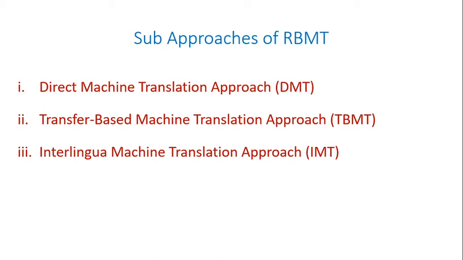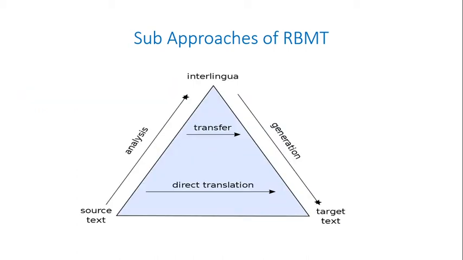So we are going to talk about these three with the help of this. You can see from the bottom the direct translation, where on the left side is the source text and on the right side is the target text.